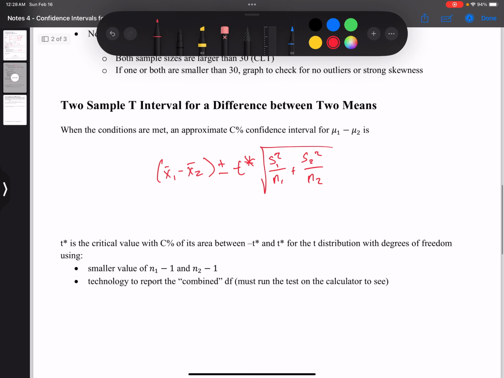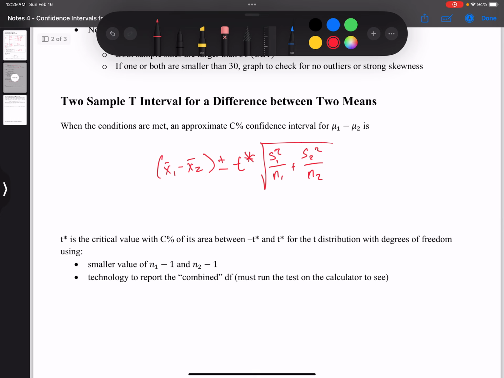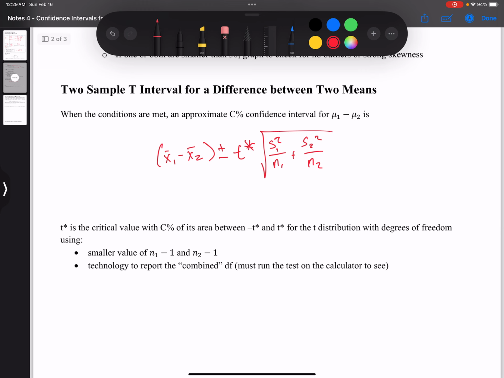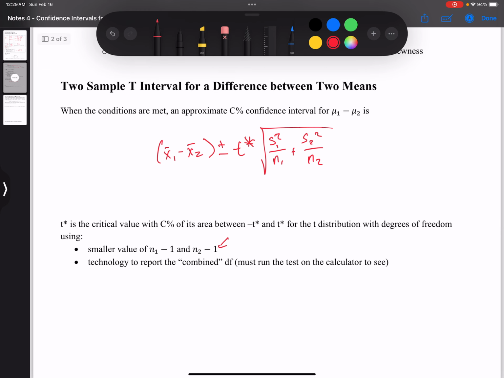The t star is the critical value with C percent of its area between negative t and positive t for the t distribution with degrees of freedom from our two methods. So we've got our conservative method, and then we can run the test on the calculator to see the calculator version.